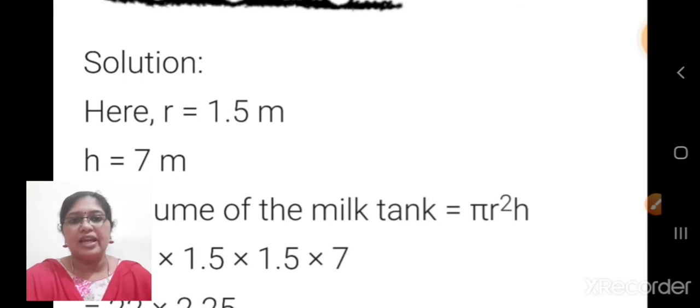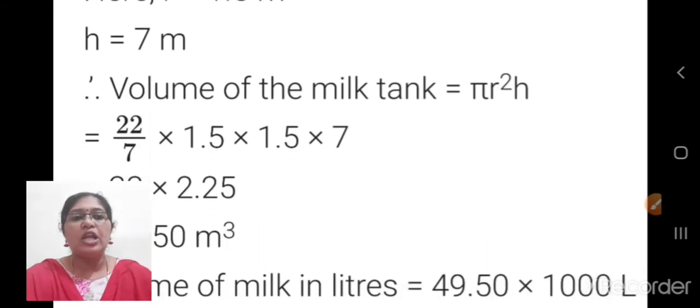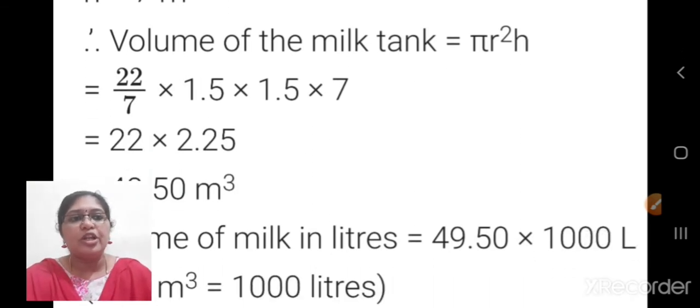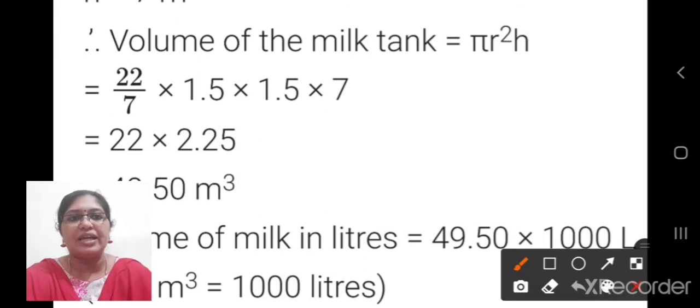Now solution here, r is given as 1.5 meter, height is given as 7 meters. So volume of the milk tank is pi r square h. Pi value you are writing as 22 by 7, and r is 1.5 into 1.5 into 7. This 7 and 7 get cancelled.